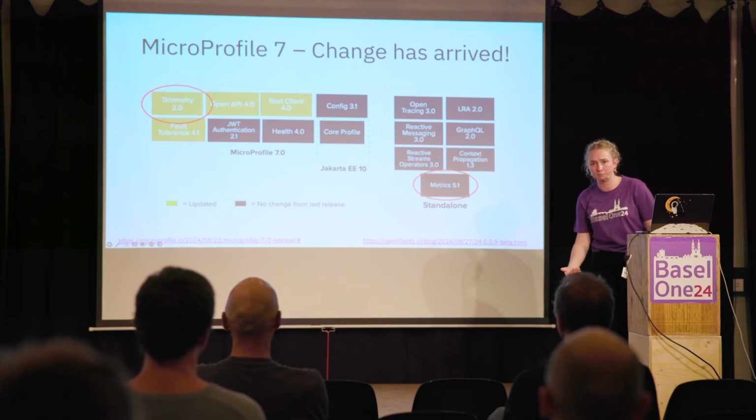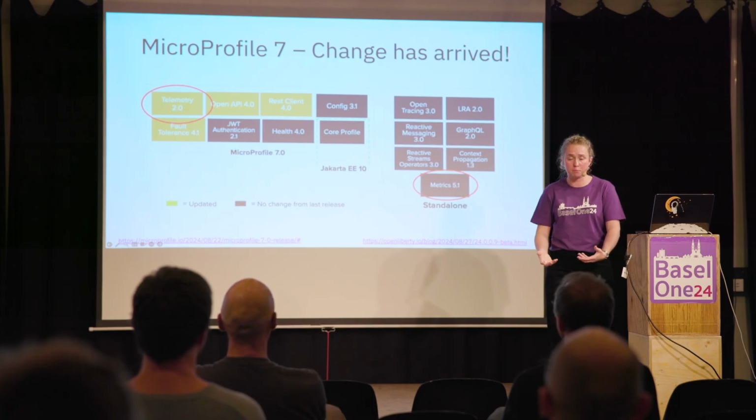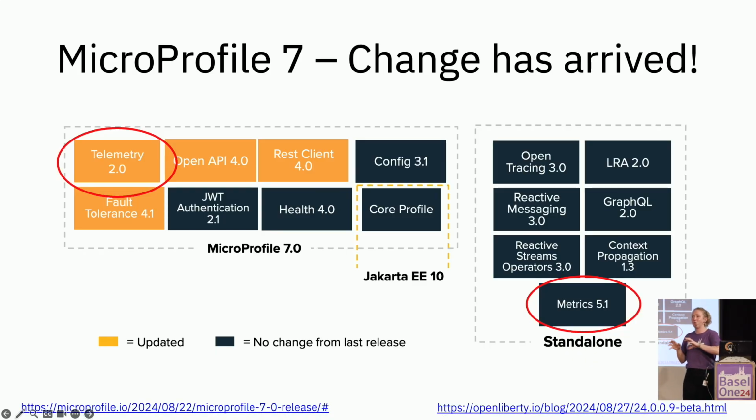The reason for that is that although metrics are really important, we haven't gotten rid of metrics. We've just replaced it with a different kind of metrics. So originally, before Open Telemetry existed, MicroProfile Metrics was created to fill that gap. Now that Open Telemetry has grown to be such a big community and such a standard, it was decided by the MicroProfile community that it made sense to get rid of the MicroProfile Metrics and to adopt the Open Telemetry metrics.